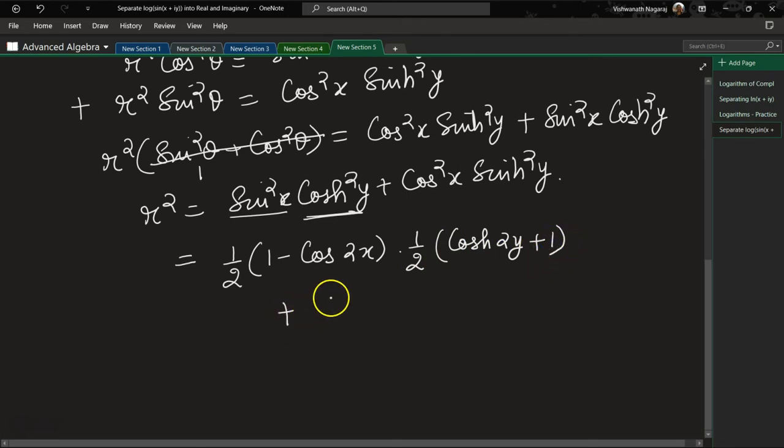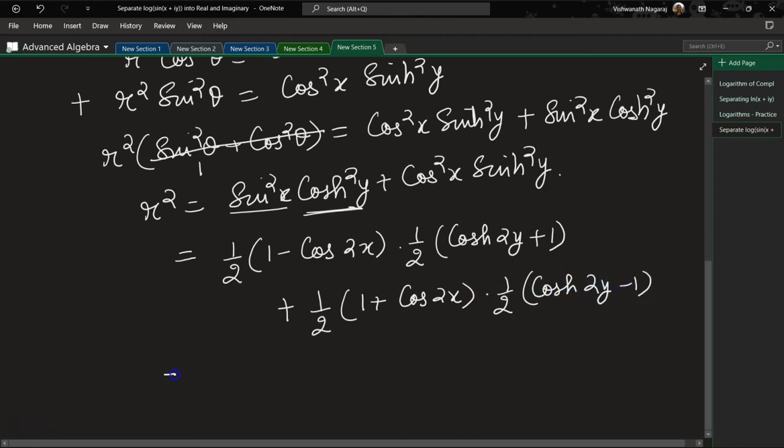Similarly, plus cos square x can be written as 1 by 2 times 1 plus cos 2x, and sinh square y can be written as 1 by 2 times cosh 2y minus 1. If we do this, 1 by 2 times 1 by 2 is 1 by 4. Here also 1 by 2, 1 by 2, 1 by 4. So that is common. We can take it out. Let's now multiply these two distributively.